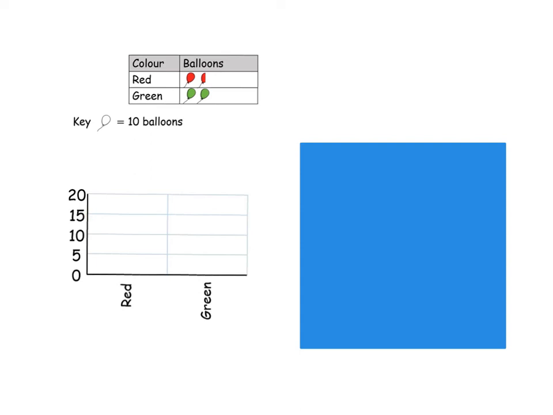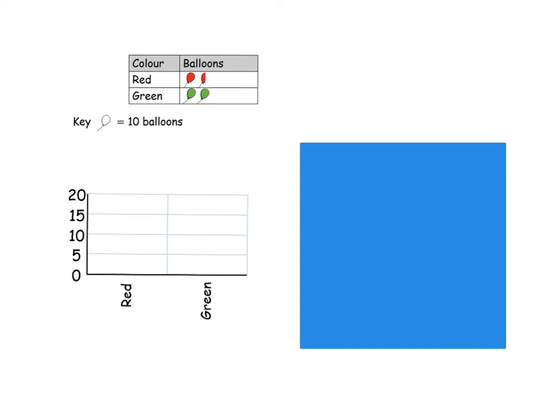Let's take a look at the green balloons now. We can see 2 full balloons, and we know that each picture of a balloon is equal to 10 real life balloons. So that means we've got 10 and 10, which makes 20. So in the green part of our block diagram, we would colour in 4 blocks up to the number 20.